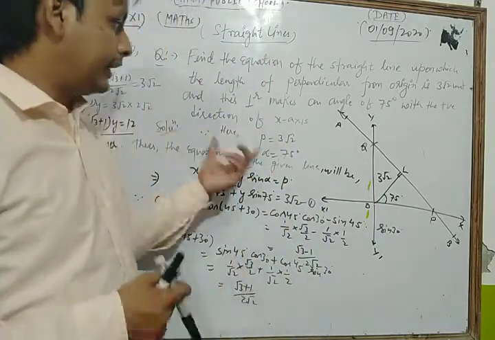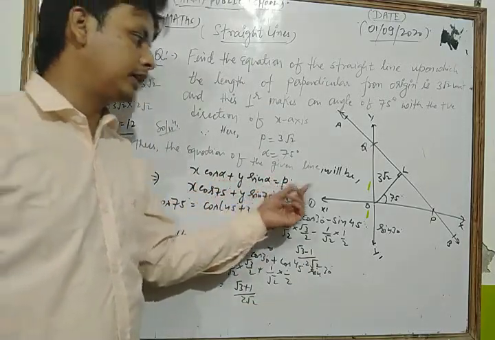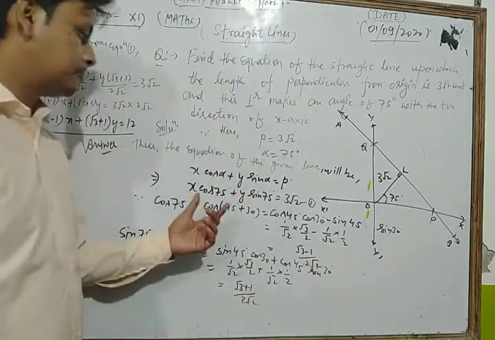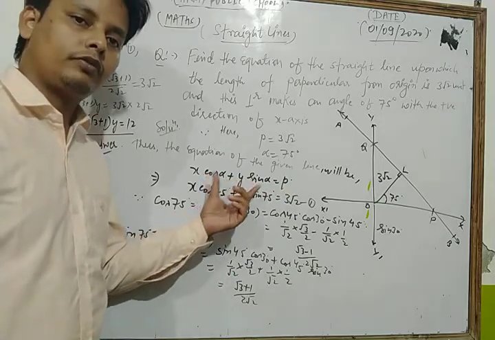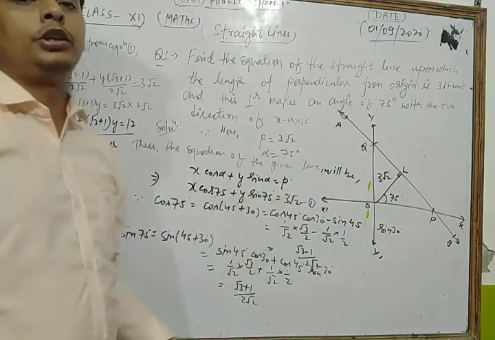In that condition the equation of line will be x cos alpha plus y sin alpha is equal to p. Here alpha is 75 degree. Now we put each and every value in that equation of line. We get x cos 75 plus y sin 75 is equal to 3 root 2.